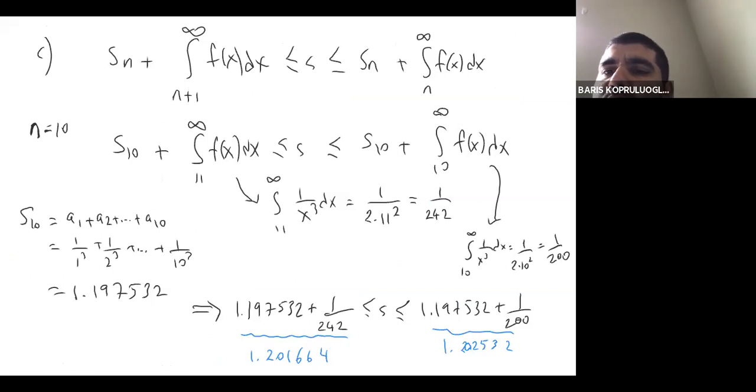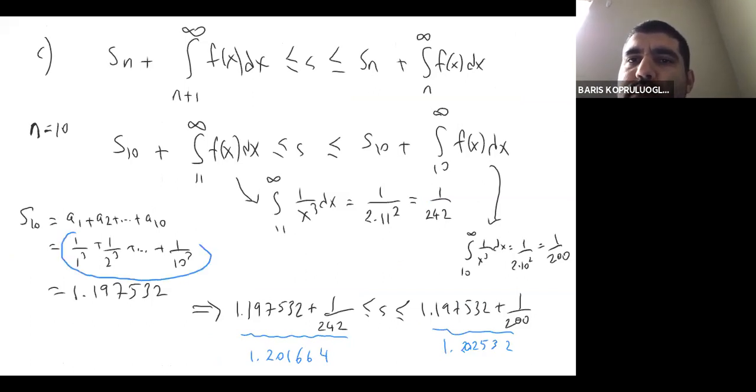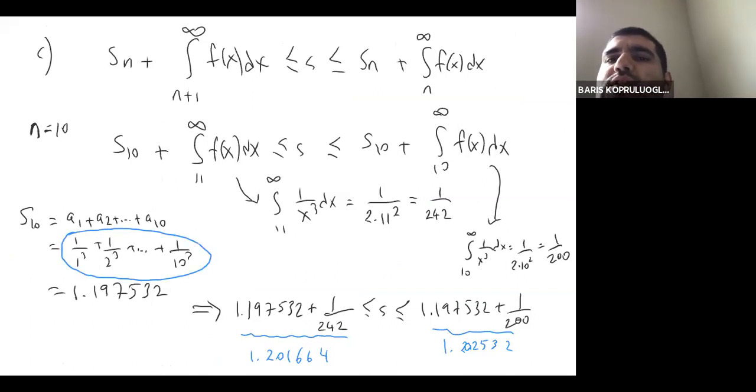That's the sum of these guys: 1 plus 1 over 8 plus 1 over 27. If you keep adding them up all the way to 10 cubed.